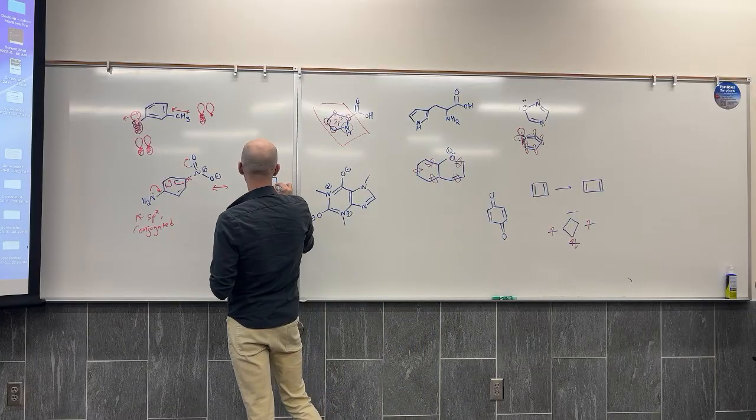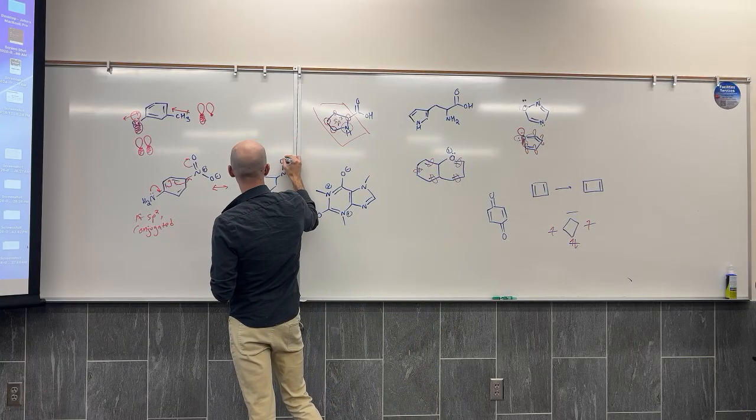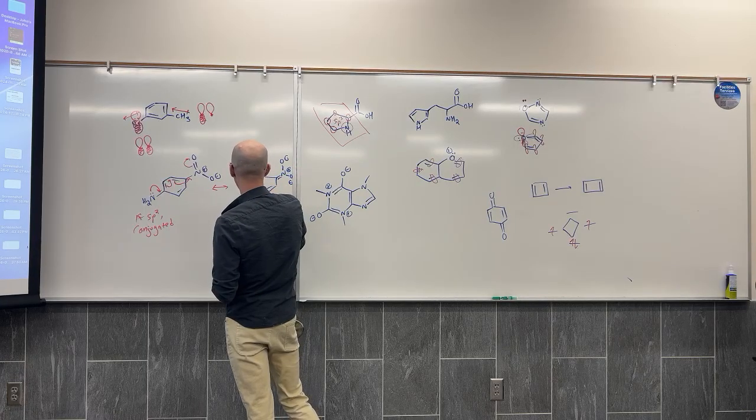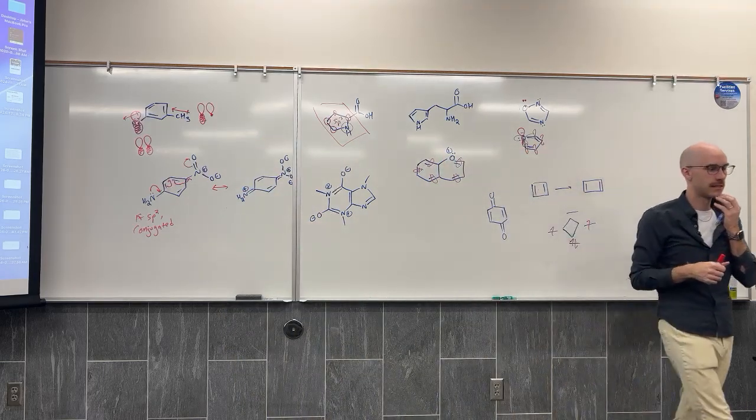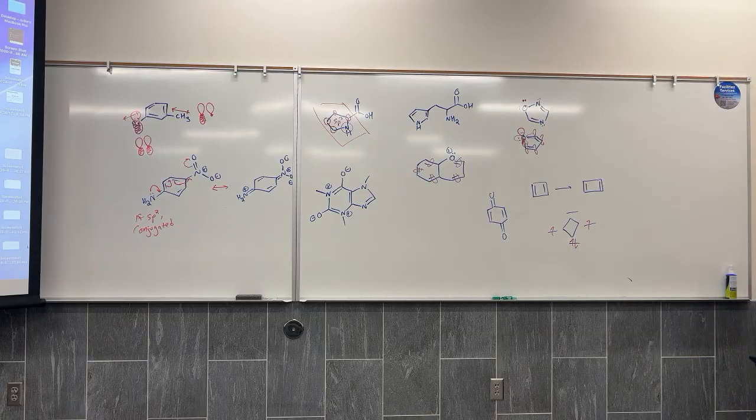So one group, nitro, pulls electrons out. One group, the amine, pushes electrons in. That gives us electron donating groups and electron withdrawing groups from the ring, relative to the ring.